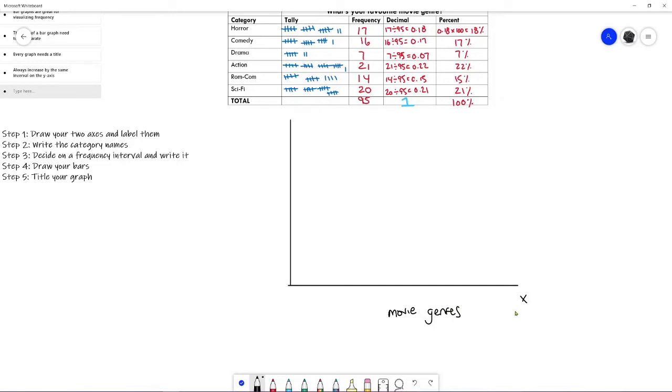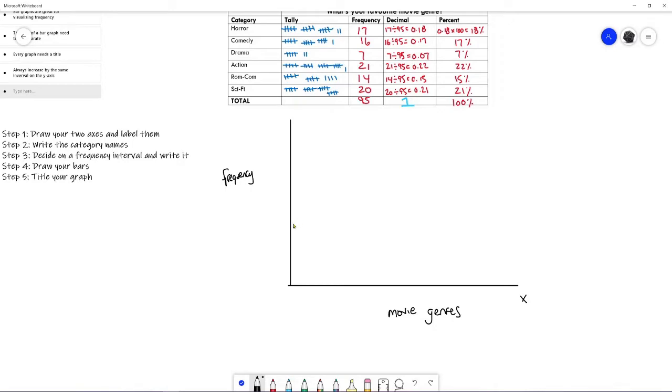Okay, you're going to learn a lot about x and y axis in grade 8. Just know for now that the horizontal is the x and the vertical is the y. So all of my movie genres are going to be on the x-axis. That means my frequency is going to be on the y-axis. So in this case, I'm just going to write the word frequency so that we know that everything that's going to be here is on there. Okay, so that's step 1 done.